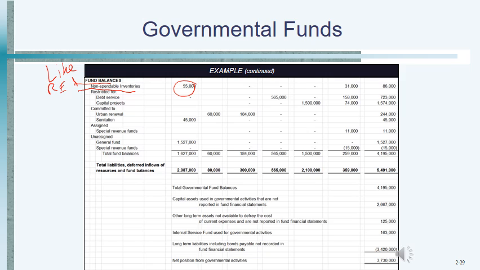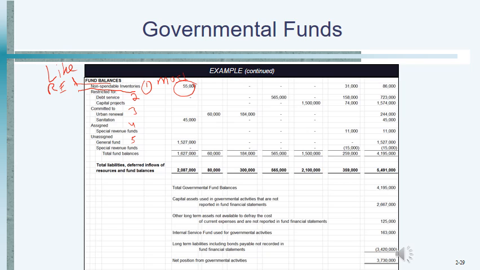Okay, so what we're seeing here is that for the government, they break out their fund balance in categories. One is non-spendable, two is restricted, three is committed, four is assigned, and five is unassigned. And when we list these, we're listing them in terms of most difficult to spend.